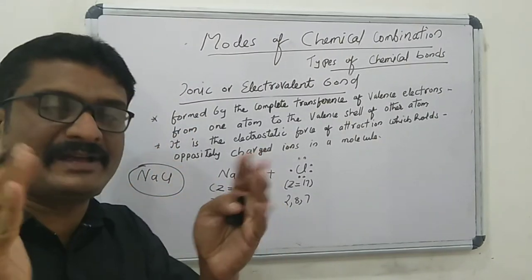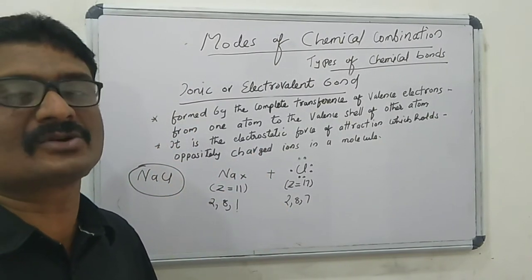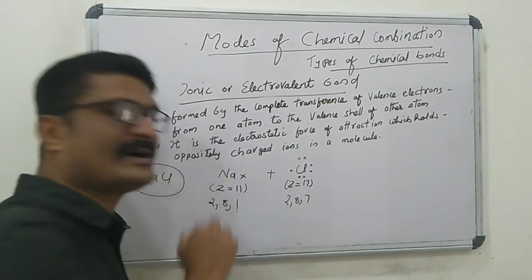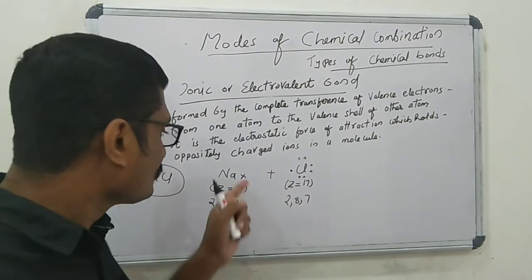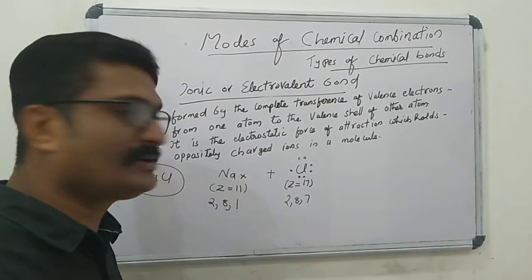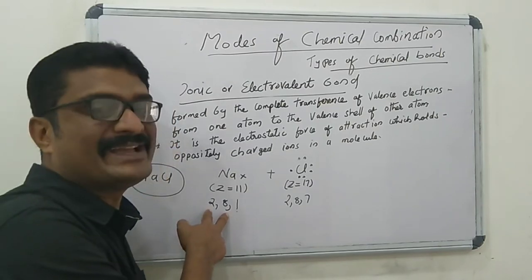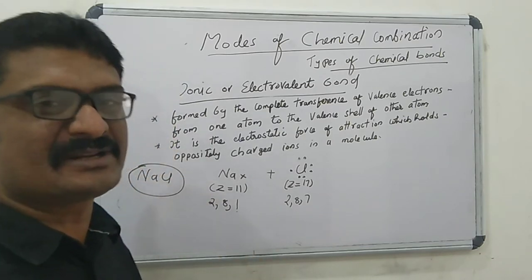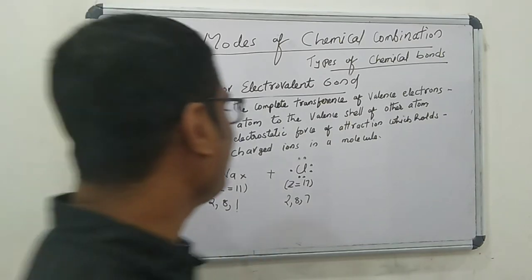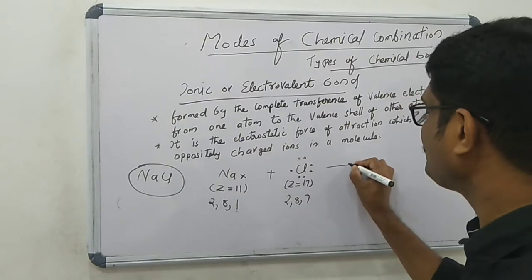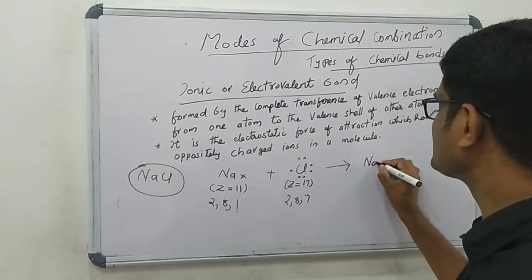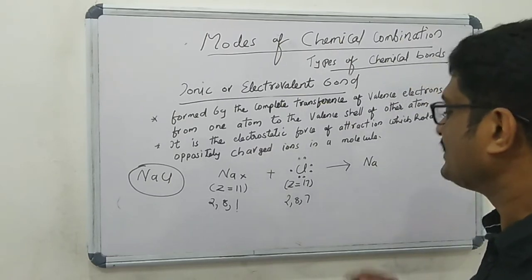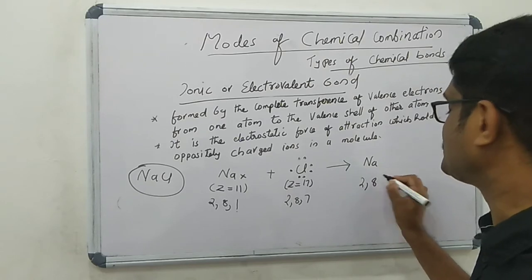The easy way for the sodium atom to acquire the 8 electron configuration is by losing its 1 electron; its configuration becomes 2, 8. Sodium has a tendency to lose 1 electron from its outermost shell.